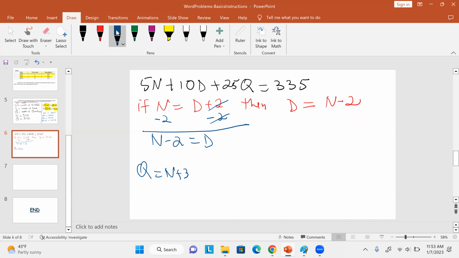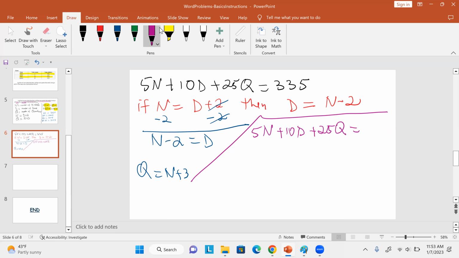Okay, so we go back to our original equation, having 5n plus 10d plus 25q equals 335.